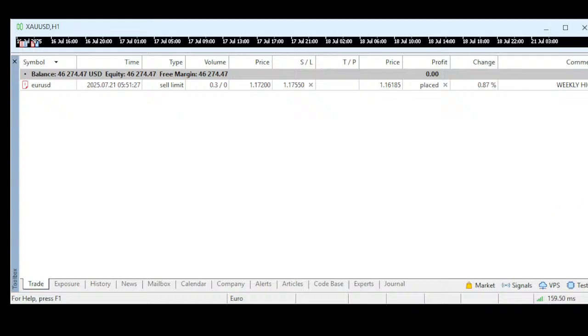Then we are going for a weekly low, or weekly target, at 11450, and the stop is about 40 pips away. GTC, weekly low.